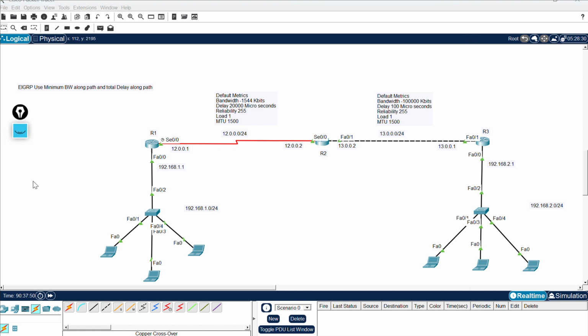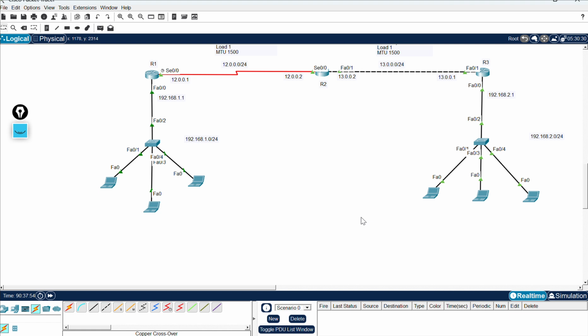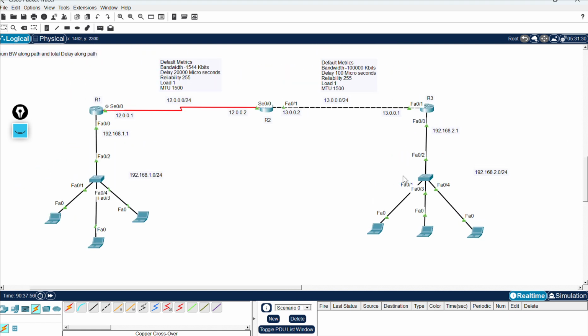I will explain one more time. See here, very simple. Actually, see what happened. The 192.168.2.0 network is directly connected to R3, on FastEthernet 0/0.